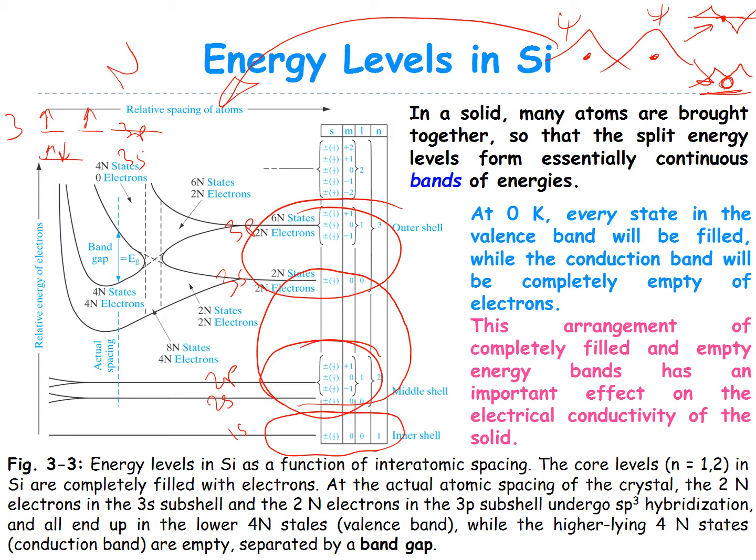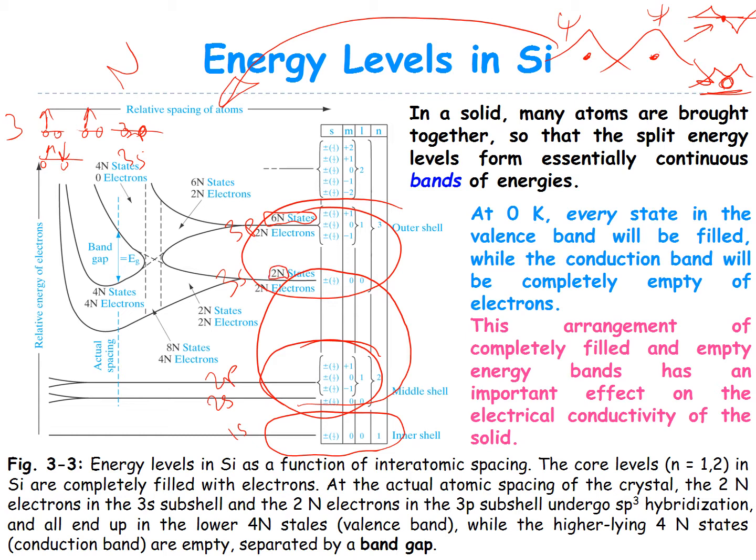If you check the 3p, you have 6 states, so you can have 1, 2, 3, 4, 5, 6 electrons, so you have 6 states. And if you take n number of atoms, you have 6n states. In the 3s, if you take n number of atoms, you have 2n states.